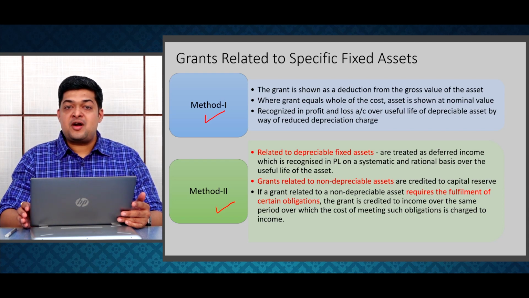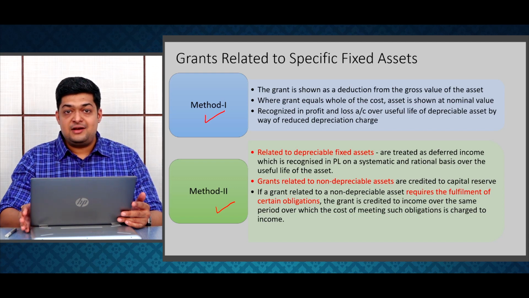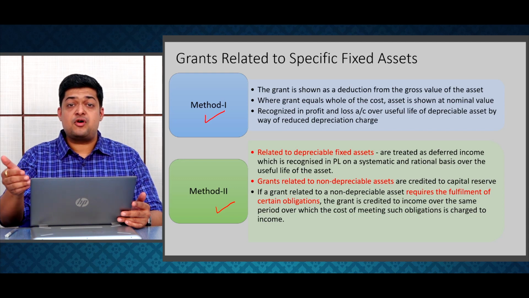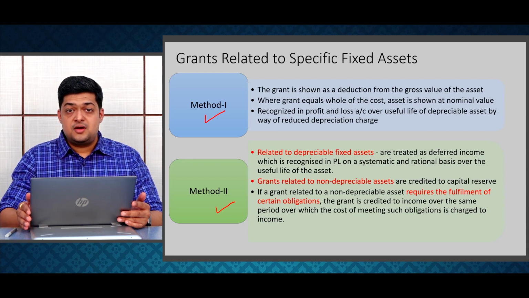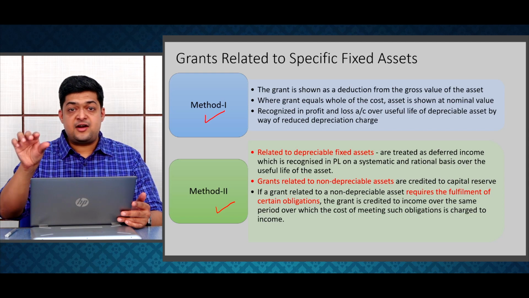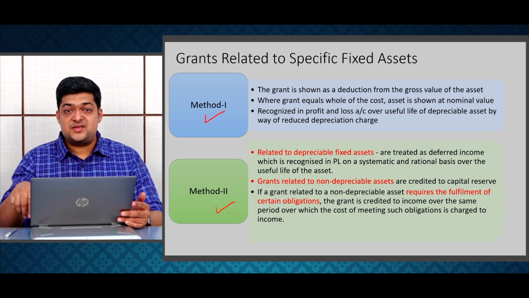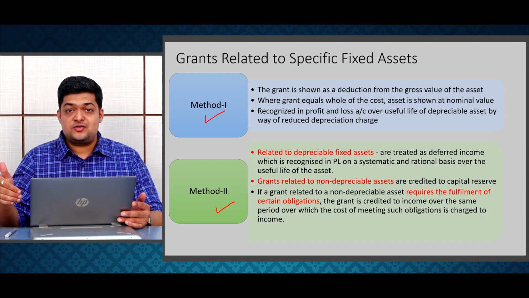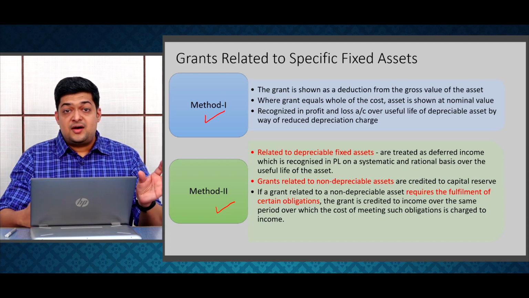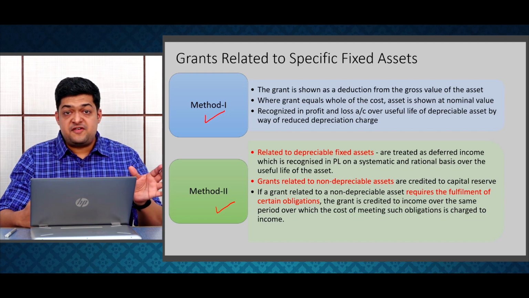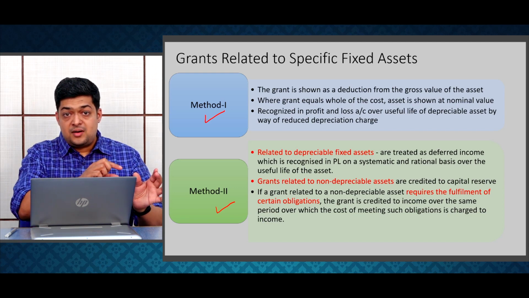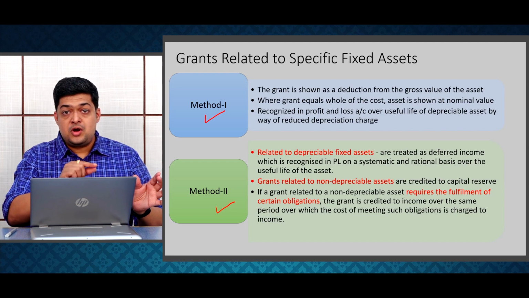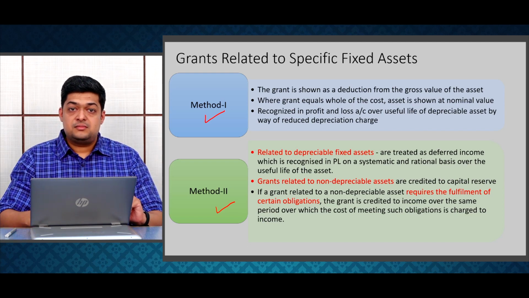Now this deferred income or deferred grant account will be a credit balance and it will be shown on the liability side. However, what we are going to do further is, we are going to depreciate that 100 crores on a systematic basis, and as we depreciate year on year that 100 crores, we also transfer from this deferred grant account proportionately an amount to the profit and loss account.